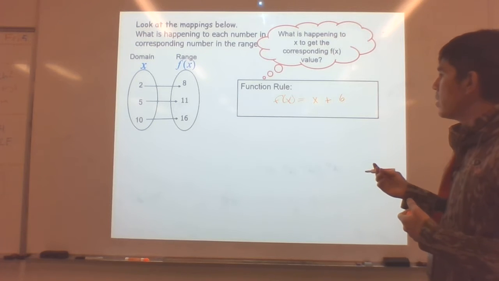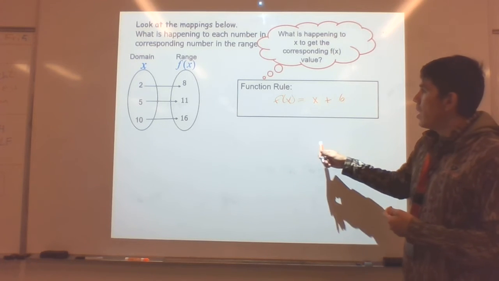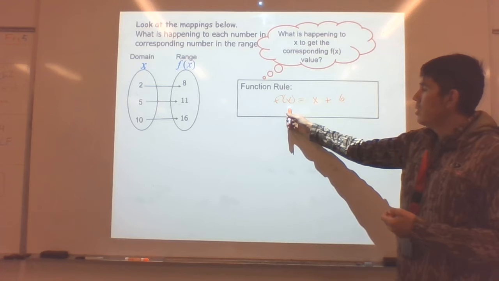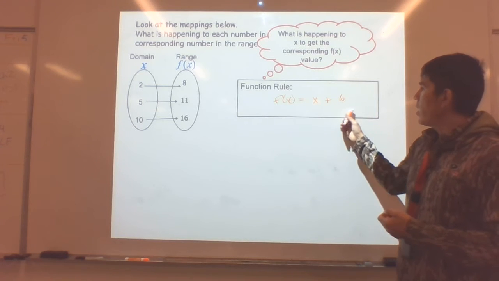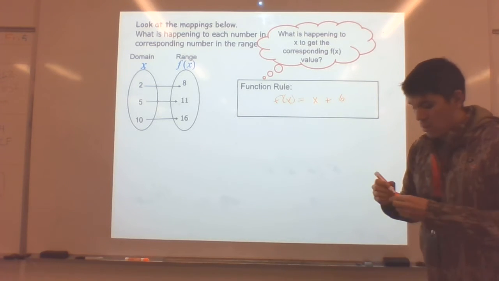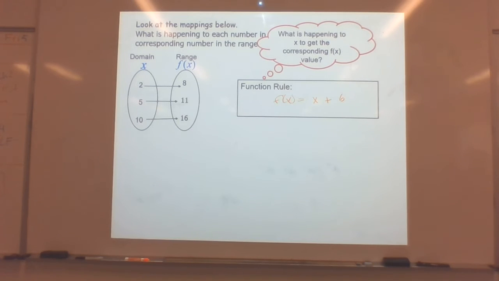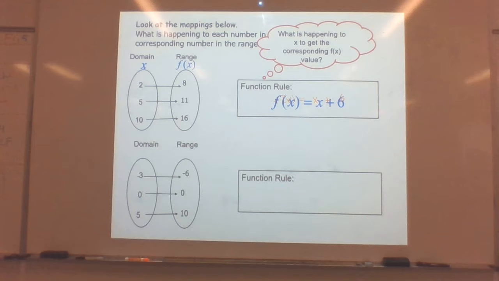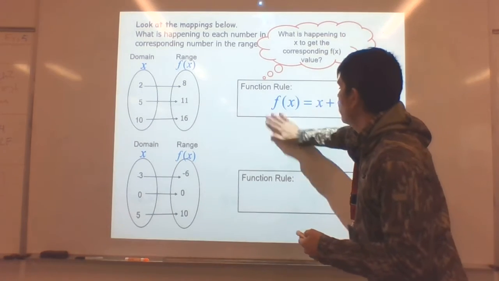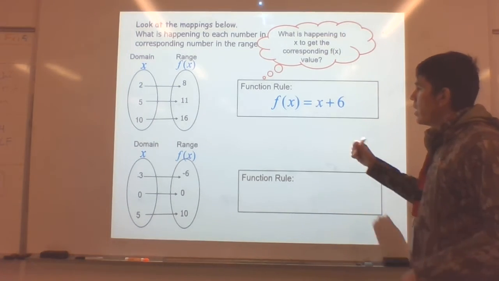And you can prove this because every single time I put, for example, a 2 here, what do I get out? I get out 8. Let's go back.